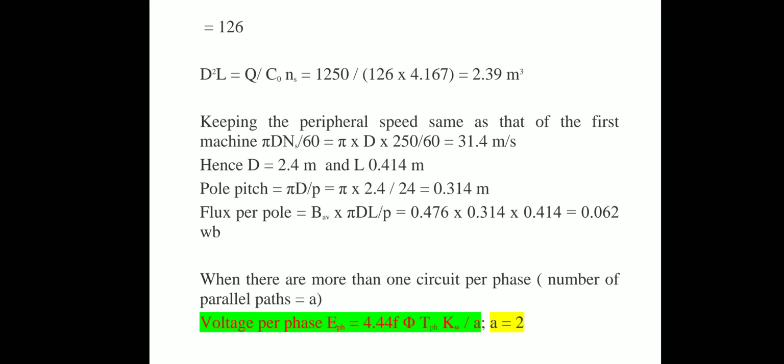When there are more than one circuit per phase, the number of parallel paths is given as A. The number of parallel paths A is given as 2 in this numerical. So the voltage per phase EPH is equal to 4.44 F phi TPH KW upon A, and A is given as 2.